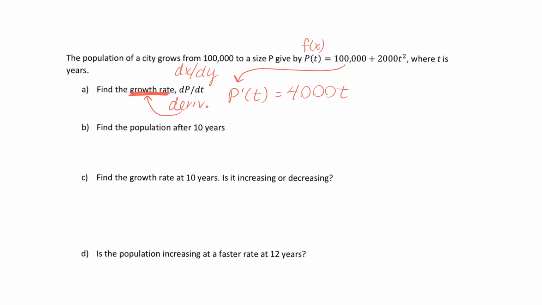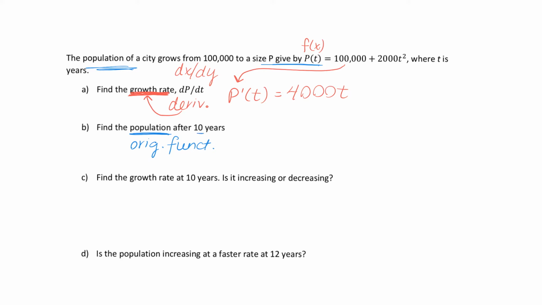Okay, find the population after 10 years. So you have to really pay attention to what it's asking. Find the population. Is it asking you how much the population changed by? No, it just wants the population. That's going to come from the original function because it said the population of a city is given by P of t. It's telling you the original function is where this is at.